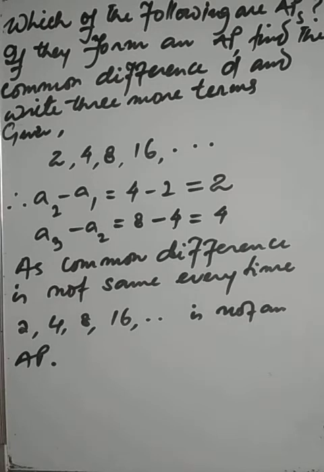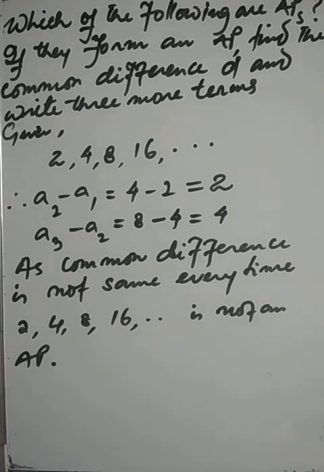It means that for an arithmetic progression, whenever we find the common difference for any two consecutive terms, it should be always constant. That means the common difference should be the same always throughout the arrangement.